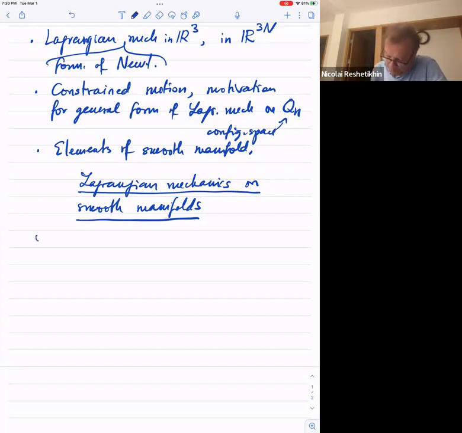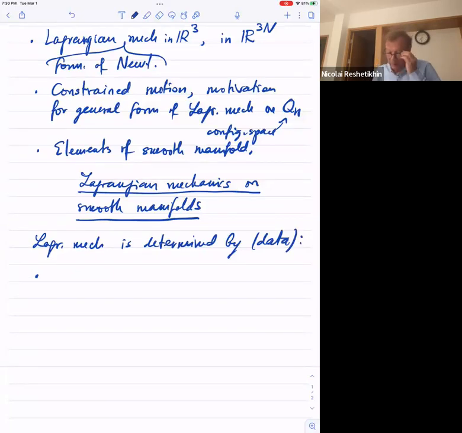Okay, so Lagrangian mechanics is determined by the following collection of data. First, if we want to describe a mechanical system, we have to describe the configuration space.